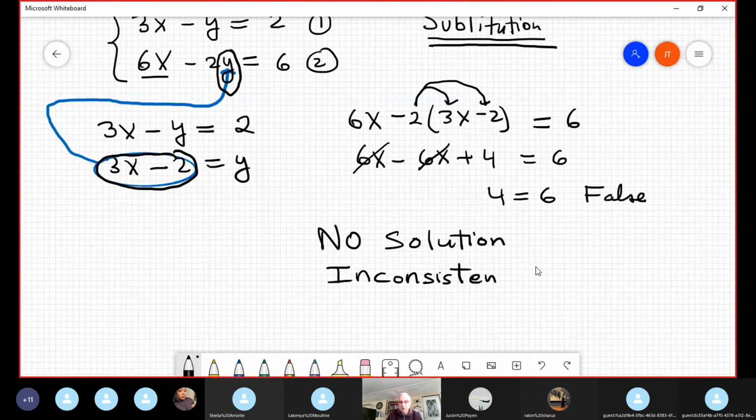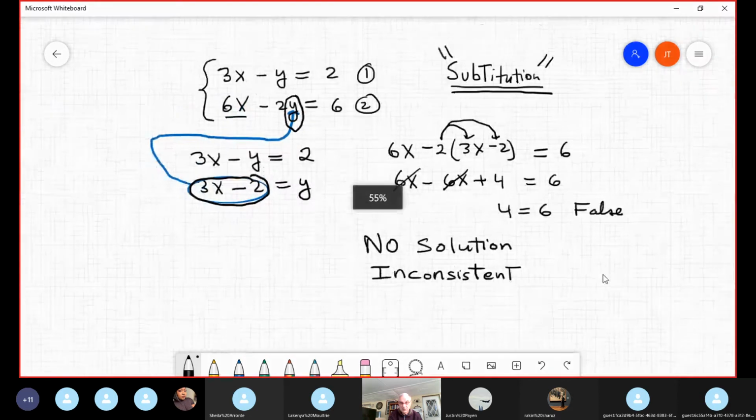Inconsistent means no solution. And when you have at least one solution, it is consistent. You remove the prefix, inconsistent, meaning not consistent, and consistent, yes, we have a solution. But when you have no solution, it's inconsistent.